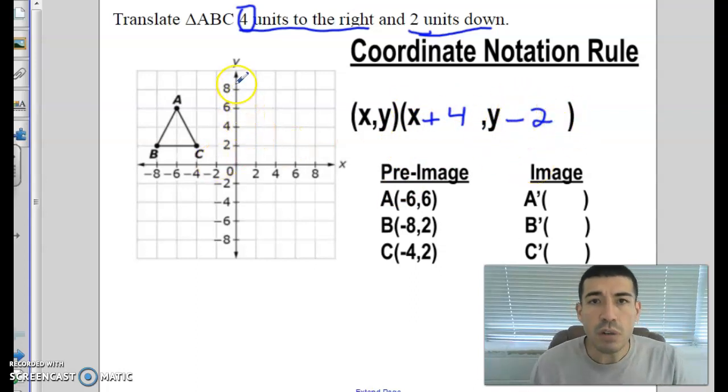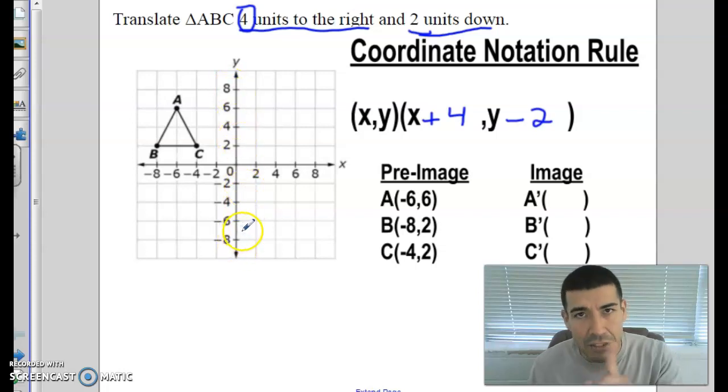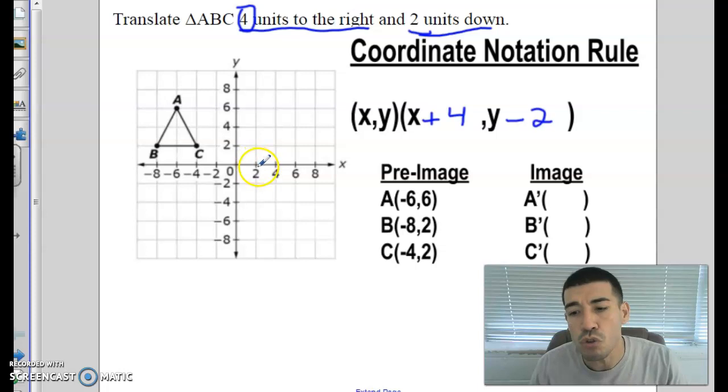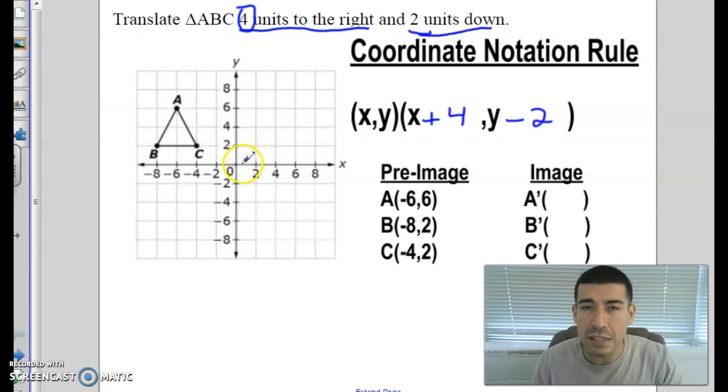Okay, so now notice that this coordinate plane is not jumping by ones. It's skipping by twos. Why do I say that? Because look here, from 0, the first jump, we go to 2. We don't go to 1. So remember that. This graph is jumping by twos. So again, it said 4 units to the right and 2 units down.